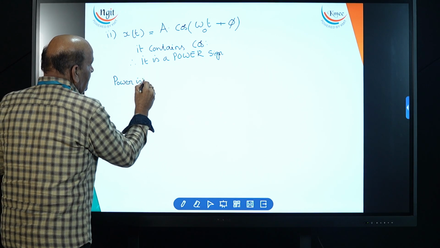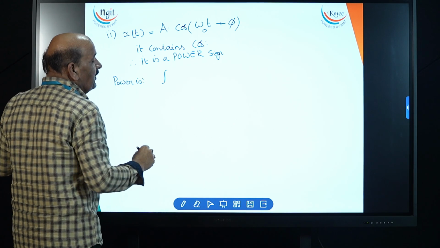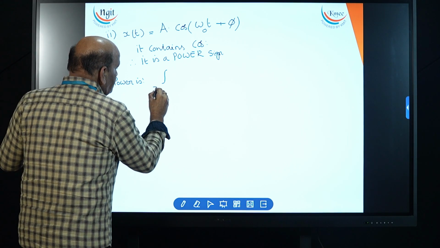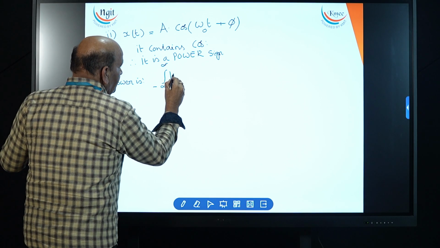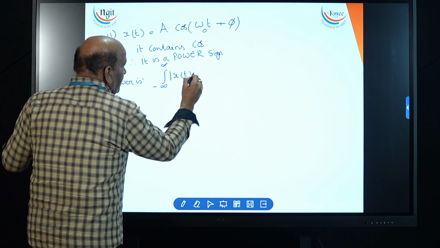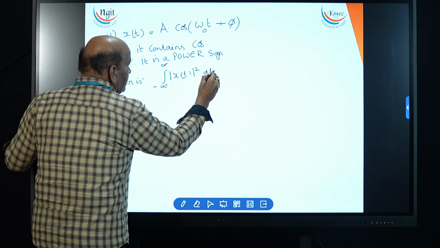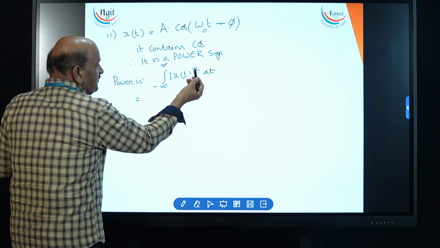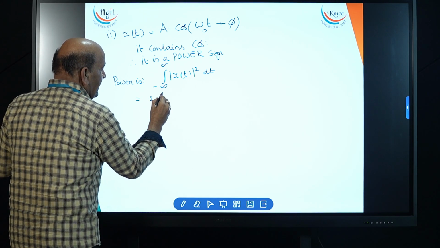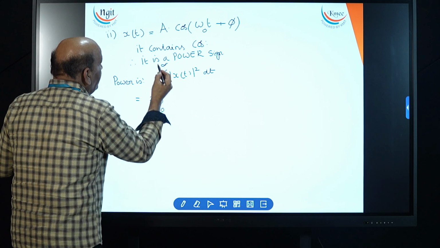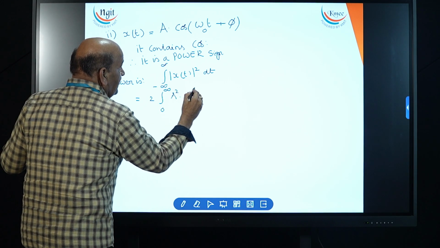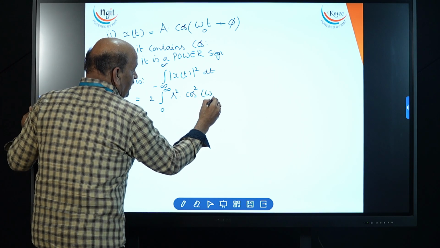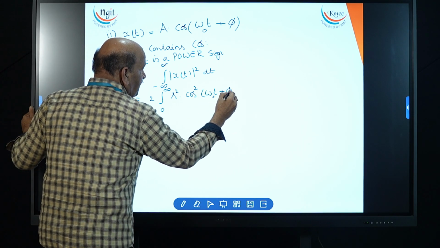is, whether it is power or energy, we just have to take the integral from minus infinity to infinity of x of t whole square dt. Since this is a square, the integral can be written as 2 times the integral from 0 to infinity of A square cos square of omega naught t plus phi.